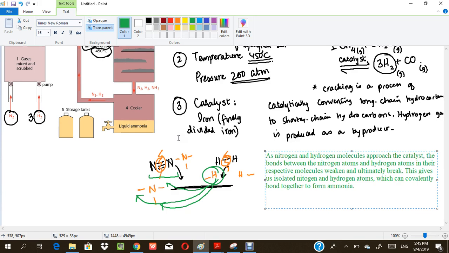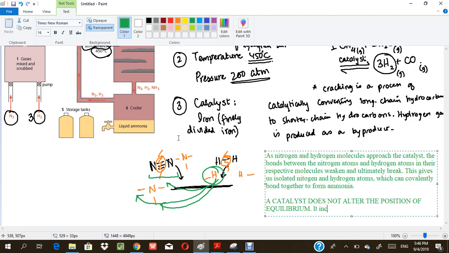So the important thing here is that a catalyst, any catalyst for that matter, does not alter the position of equilibrium. There's just one catalyst in which this does not happen, and we'll study about that catalyst in organic chemistry. A catalyst does not alter the position of equilibrium.